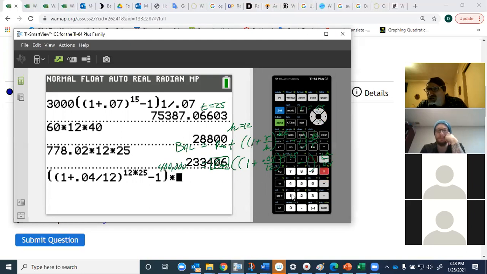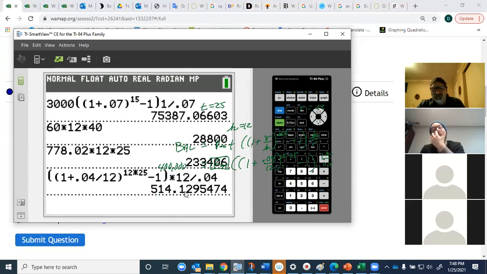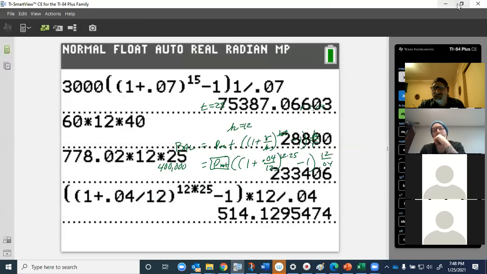Now, the book shows you a formula that says divide by 0.04 over 12, but I always multiply by the reciprocal, 12 over 0.04. And now that gives me 514.129. I'm going to write that down here.